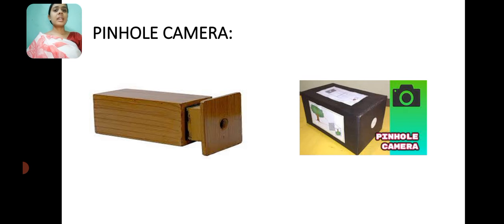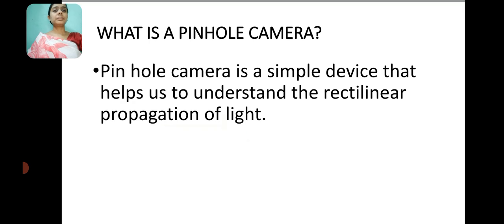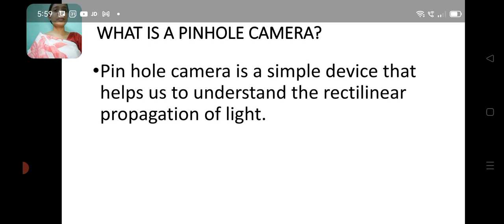So we studied about rectilinear propagation of light. That is, light travels in a straight line and light cannot bend its path by itself. To study rectilinear propagation in more detail, this pinhole camera helps us. So what is a pinhole camera?